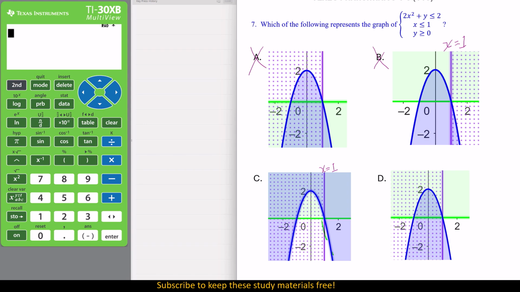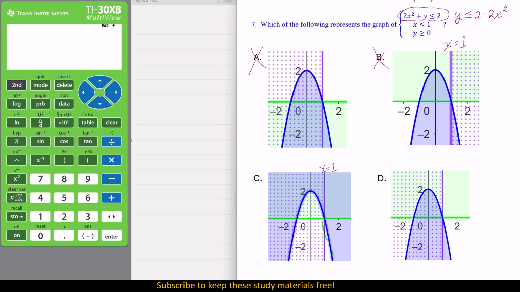Now let's look at the actual quadratic. We need to put that into an intercept form so we can see. I'm seeing that y needs to be less than everything. If we change the form, we have y is less than or equal to 2 minus 2x squared.